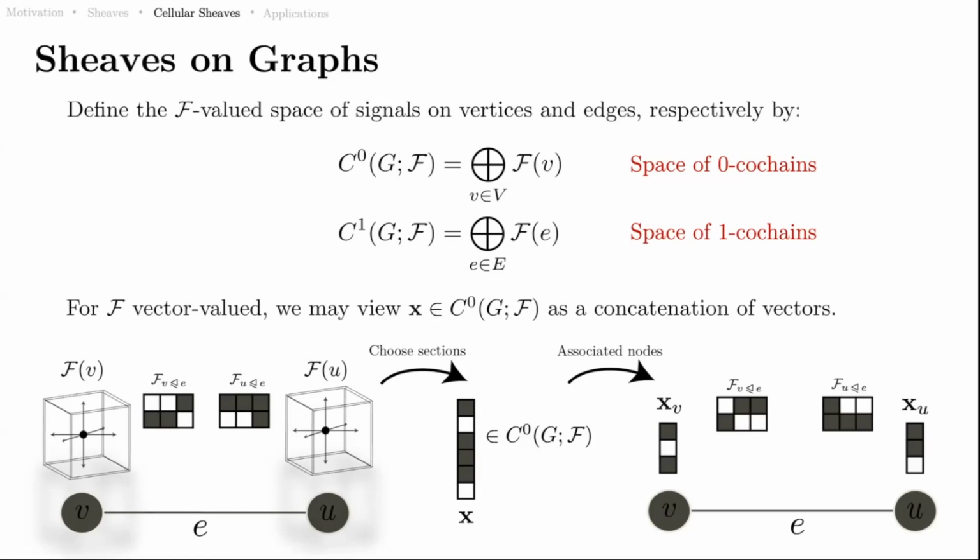If we're working in the category of vector spaces, our data category, this product is really a concatenation of vectors. So we're going to take all of our zero cochains on each node, and order that properly into one long vector. That is what an element of this product space is going to, in some sense, look like.